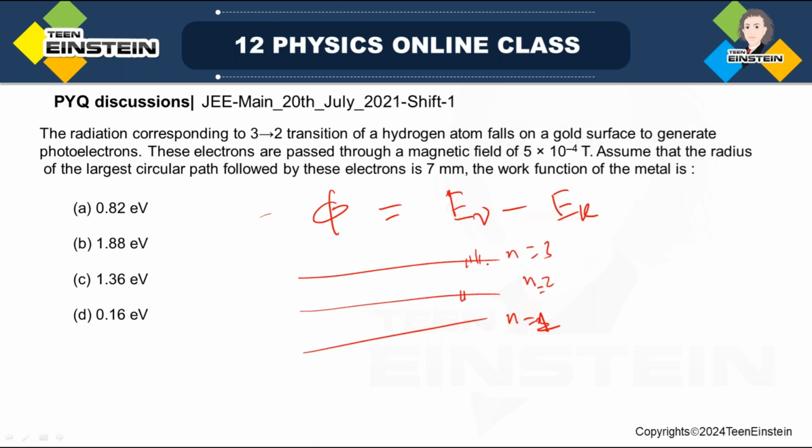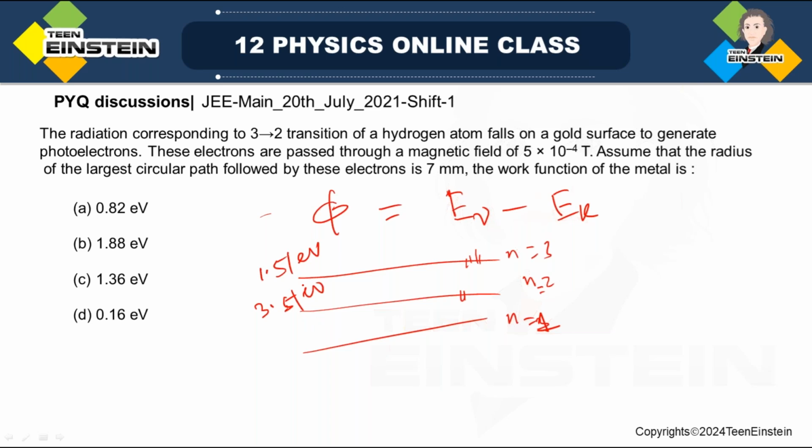So this guy will have energy this much, this will have 3.4.